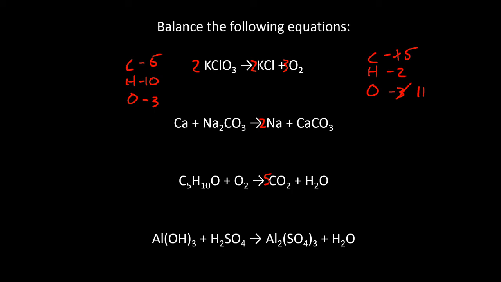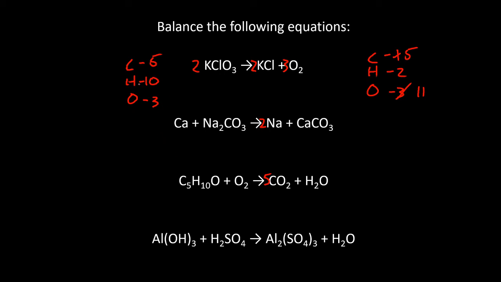Because what will end up happening is if you balance the thing that shows up everywhere first, then when you go about trying to balance the other parts, well, now you just messed up that one too, because it's everywhere else. So any changes you make to anything else is going to throw the oxygen out of whack. So let's do the hydrogen first here.